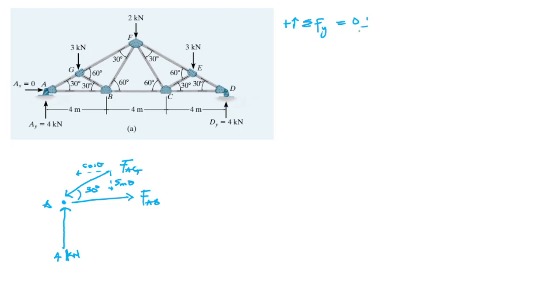So now, summation of forces in the vertical direction, we have 4 minus FAG sine 30, which equals 0.